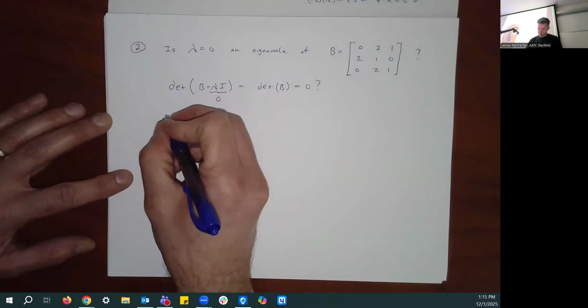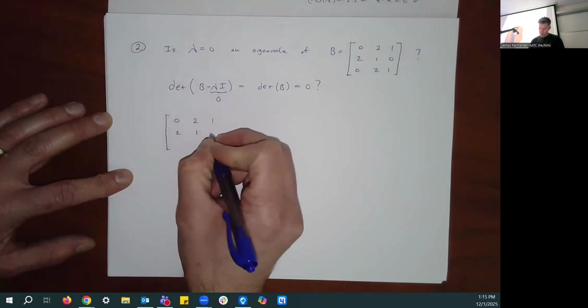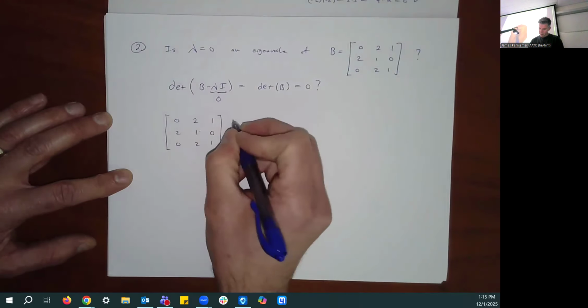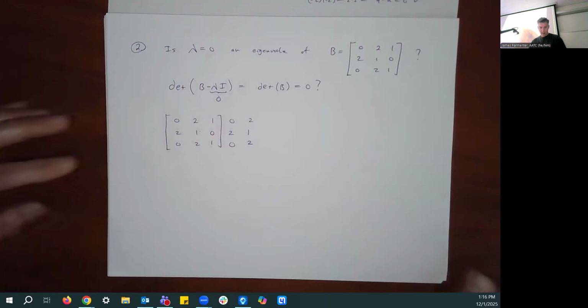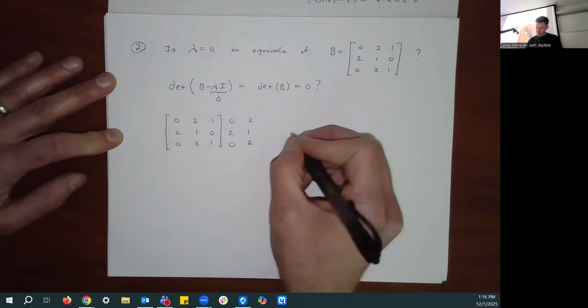For a 3 by 3, we have this special way of doing it. You write down your matrix, and then you write down the first two columns again. So 0, 2, 0, 2, 1, 2. And then we do the thing. Let's do this quickly.